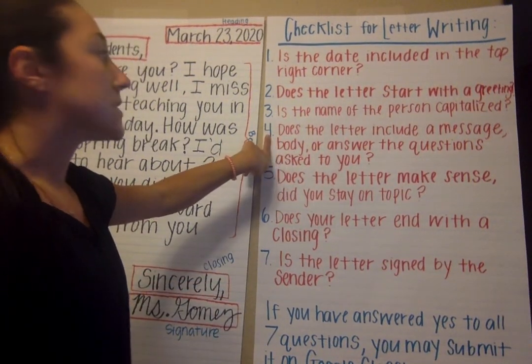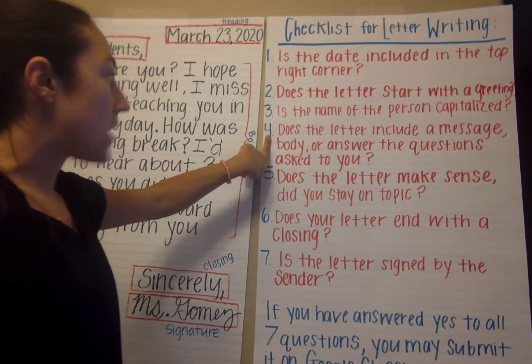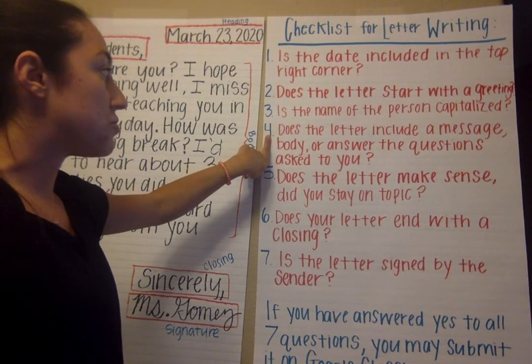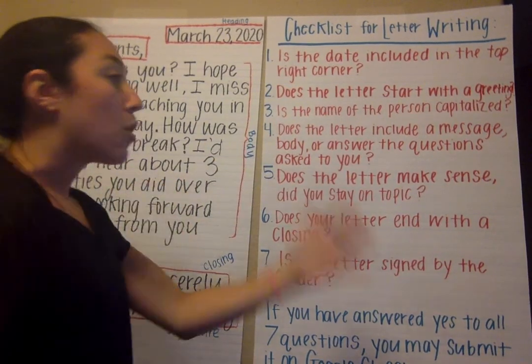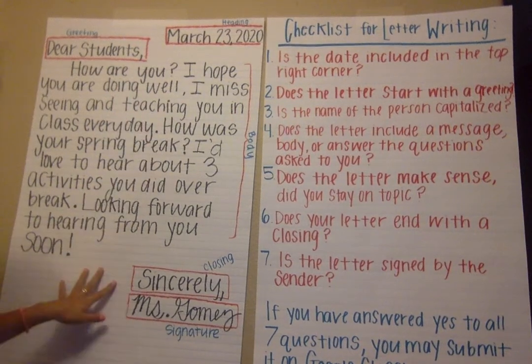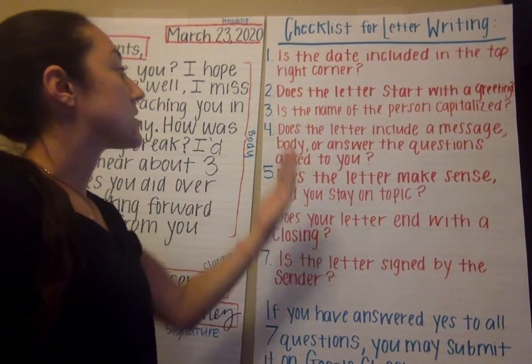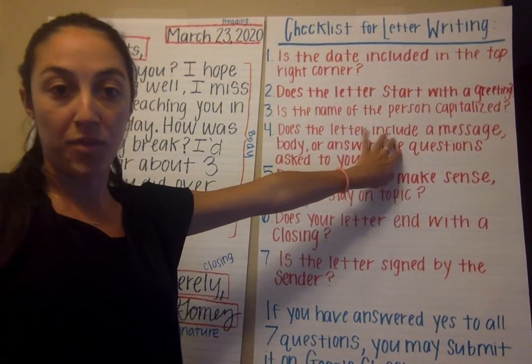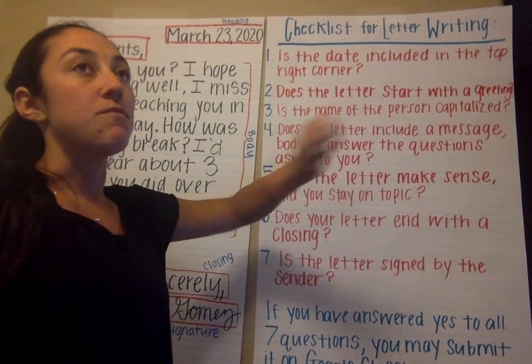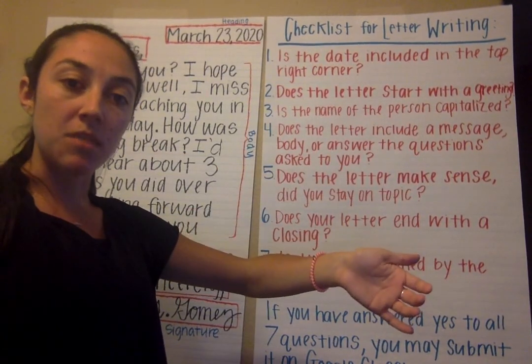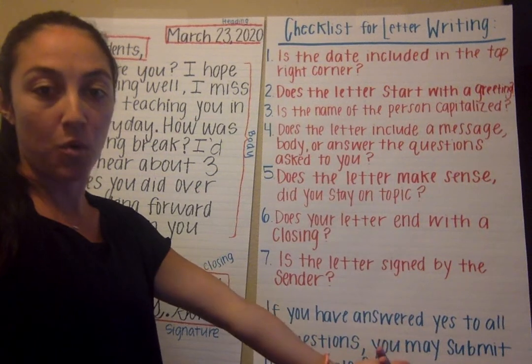Number 4, does the letter include a message, body, or answer the questions asked to you? So, I wrote you a letter first. This is what I wrote to you. You need to answer back with the questions that I asked. If you were to start your own letter to somebody else, you would be asking them questions.